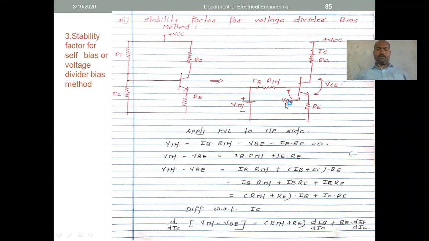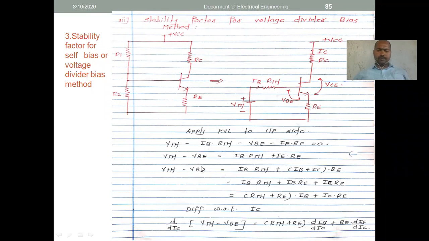So apply KVL to the input side. In the input side, we start with VTH and end up with RE. So it is plus VTH minus IB into RTH minus VB minus IE into RE. This is the equation with respect to this circuit, right?